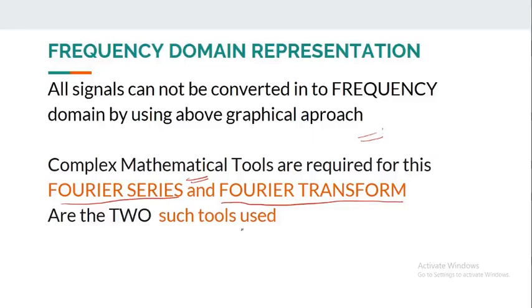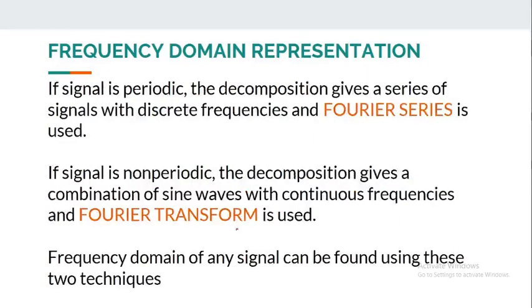What will the Fourier series and Fourier transform do? They give a mathematical equation which gives the component sine waves and their amplitudes. They are used in two different scenarios.